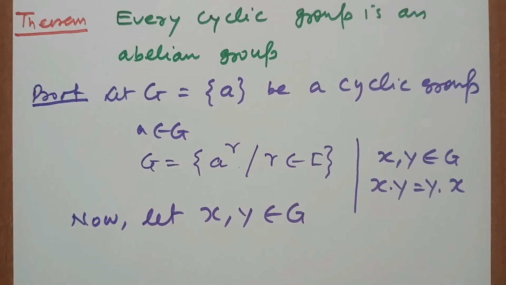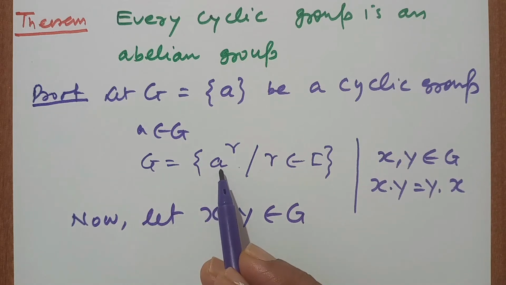Since G is cyclic, each element of G is some power of a.